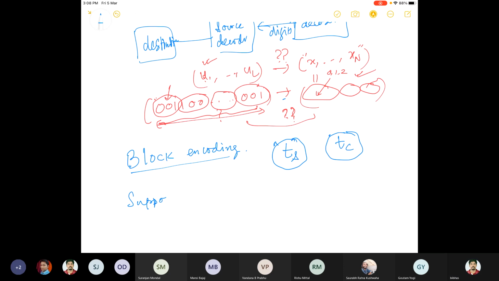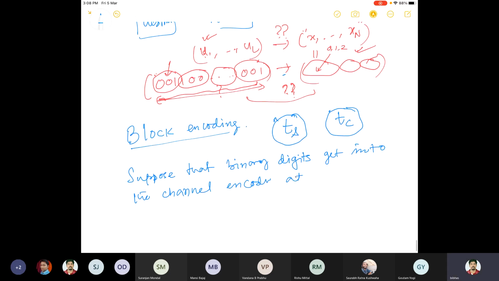Suppose that binary digits, or bits, get into the channel encoder at a rate of 1 bit in TS seconds.